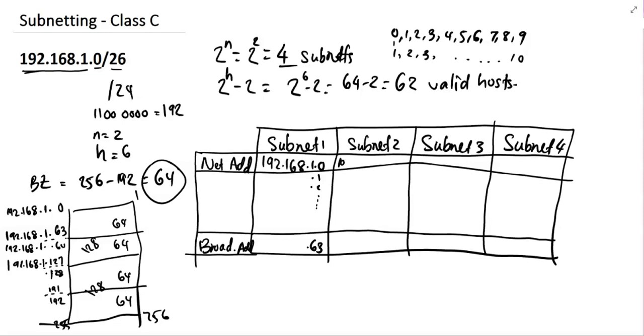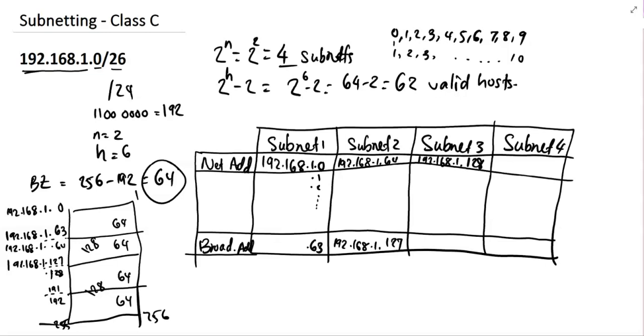So I would just quickly go to here, 192.168.1.64. And if I add another 64, that will give me 192.168.1. One step back again, don't get confused, 127. If I know 127, the next one starts from 192.168.1.128.